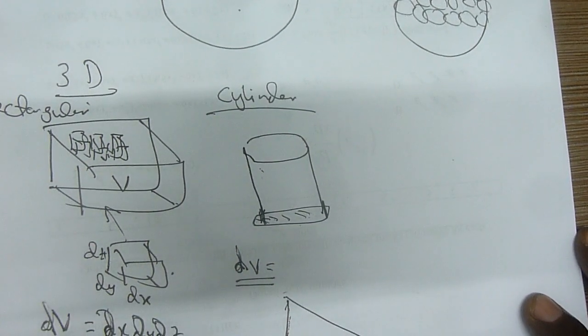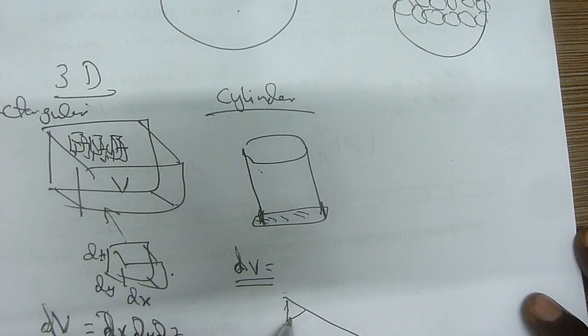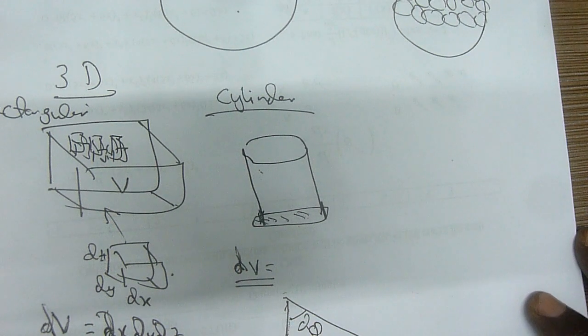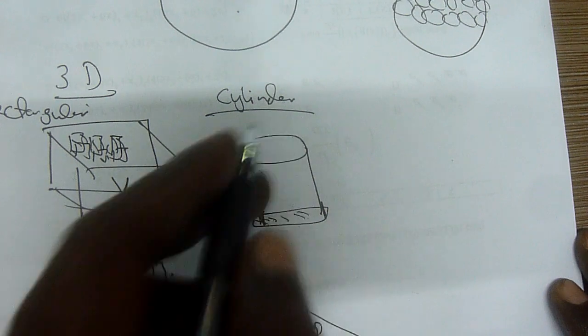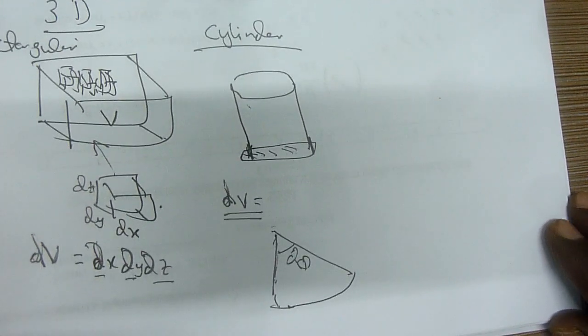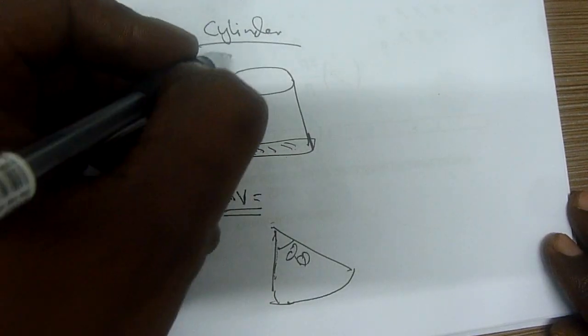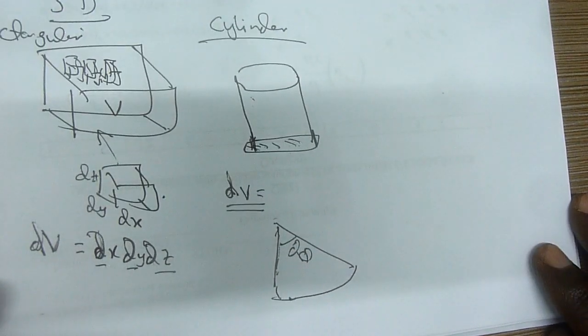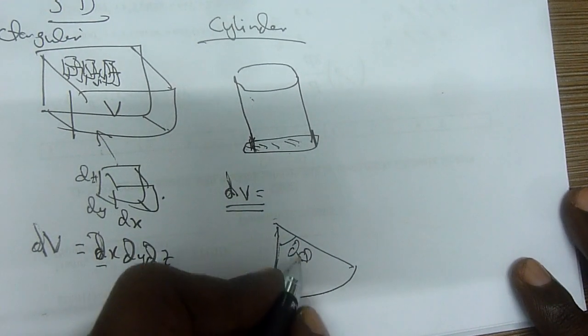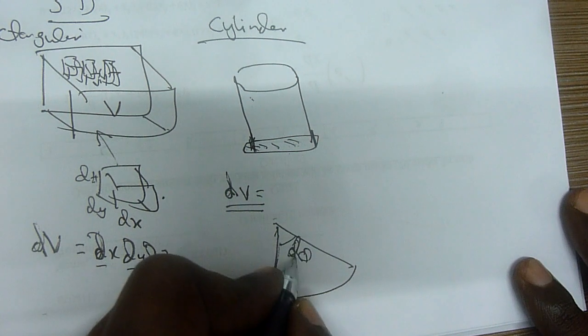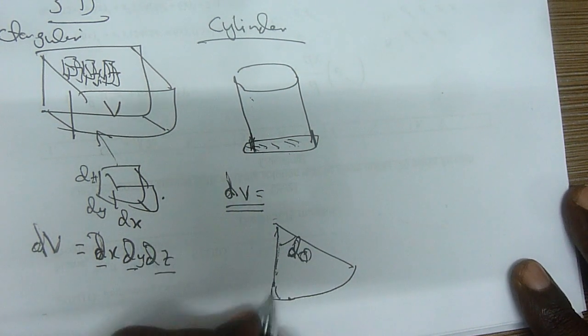When you see, I place this here, theta, d theta, and imagine this is one of the very small elements that we are using. Afterward I will explain to you when I explain the cylindrical aspect of that. Okay, this is d theta, small d theta.